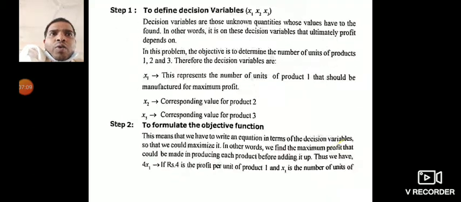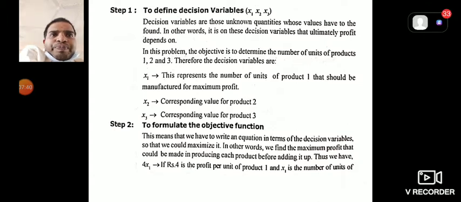How many units you are going to manufacture of product 1, that is x1. How many units of product 2 you are going to manufacture per day, that is x2. And how many units of product 3 per day, that is x3, in order to maximize the profit. We can call these the decision variables. X1, x2, x3 are the decision variables.